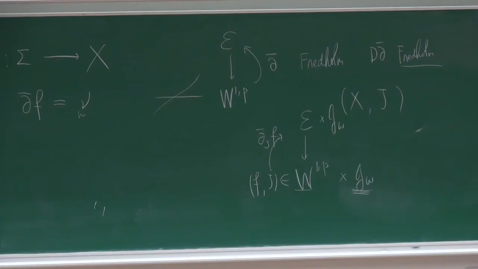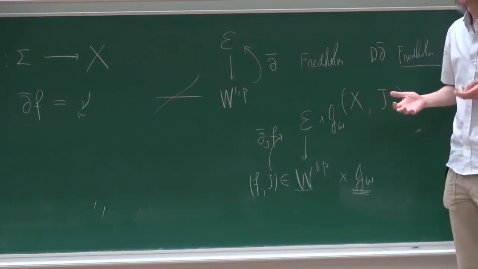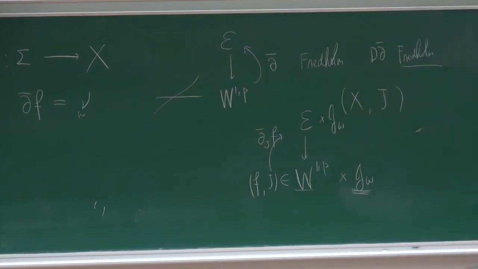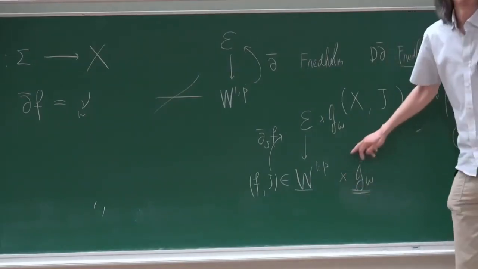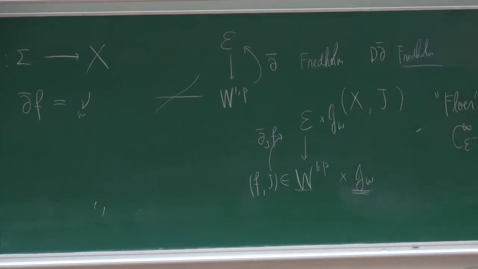But there is a way to take a certain subset of C infinity almost complex structures so that this is a Banach manifold. That is the so-called Floer's C infinity epsilon. There is some Floer's idea of how to consider this space as a Banach manifold. Or maybe you can also consider C^k almost complex structures. But anyway, you have this.